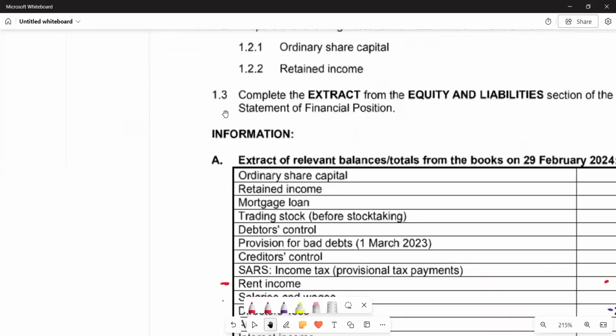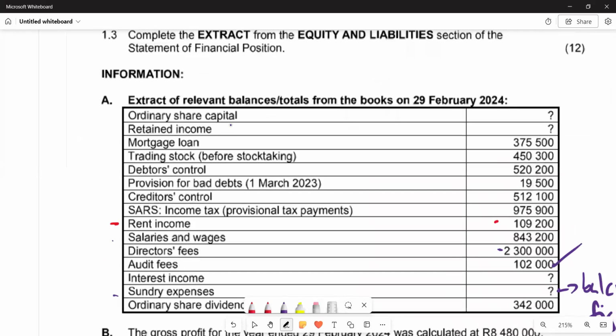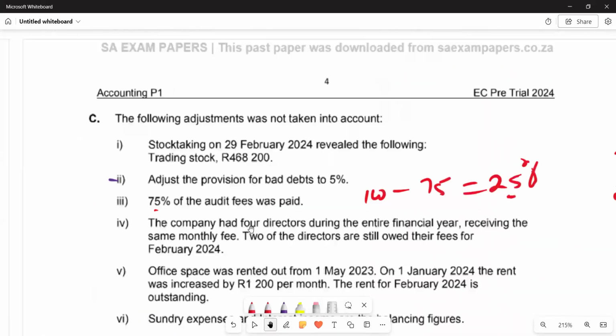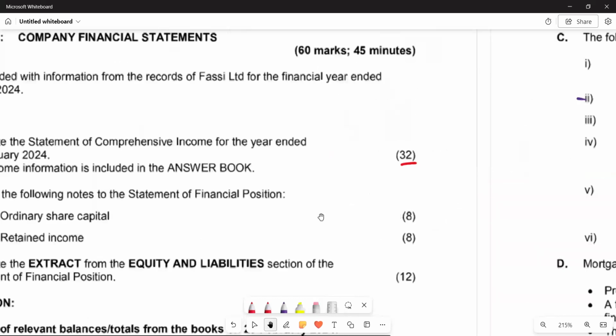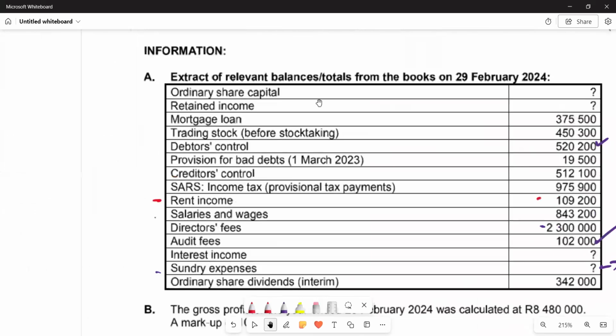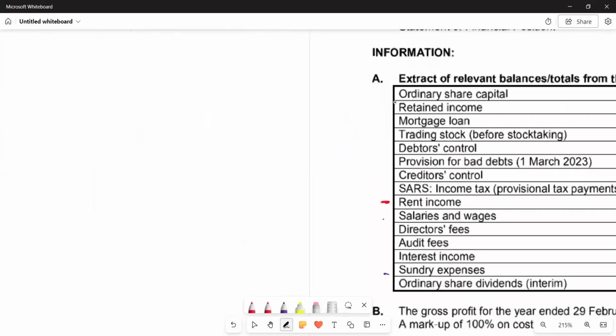On the list of balances, the debtors control is 520,200. We check if there is anything that is going to affect our debtors control figure. Maybe there are further bad debts that need to be written off, but we see that we have got nothing to do with that. So we say 5% of the figure in the list of balances, which is 520,200. So 5 over 100 times 520,200.